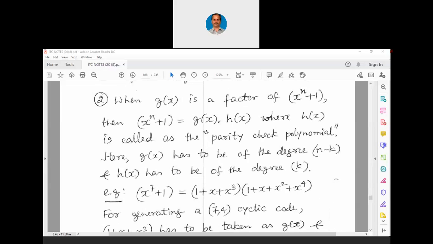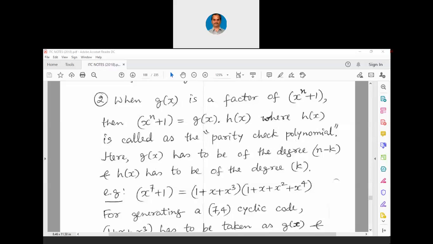Now let us say the second property. When g of x is a factor of x power n plus 1, then x power n plus 1 is equal to g of x into h of x. Now we had seen two factors there. Now one of them, if it is taken as g of x, the other one can be now h of x, where h of x is called as the parity check polynomial now.